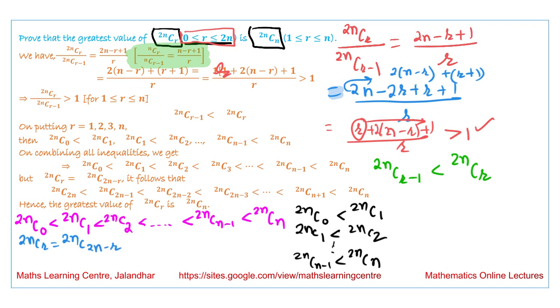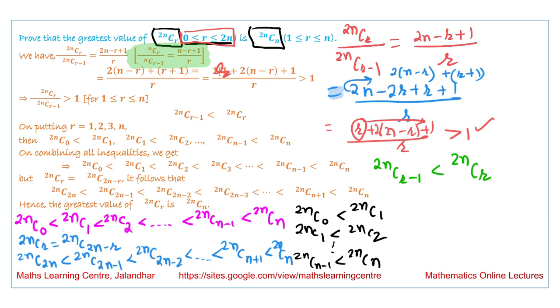So if we use this result, we obtain that 2nC2n is less than 2nC(2n minus 1) is less than 2nC(2n minus 2) is less than, and so on up to 2nC(n plus 1) is less than 2nCn.